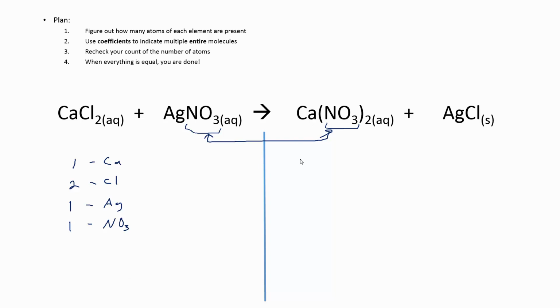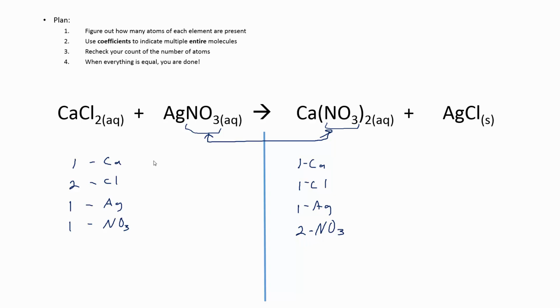On this side, I have one calcium, one chloride, one silver, and two nitrates. Does this mean that if you had broken this down into 2 nitrogens and 6 oxygens and 1 nitrogen and 3 oxygens that it wouldn't be able to balance? No, you could figure it out. It's just a little faster to balance them as a unit if the polyatomics stay the same on both sides of the arrow.